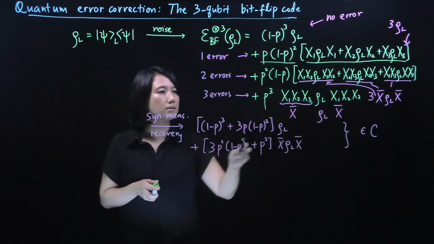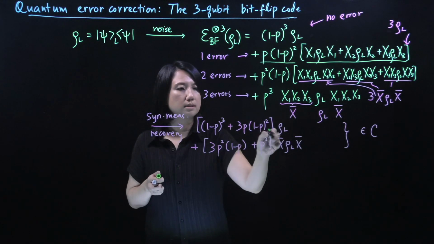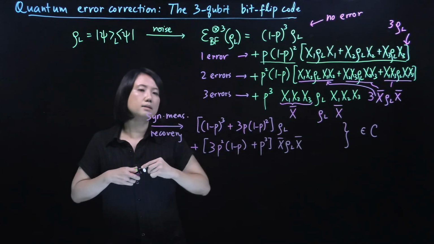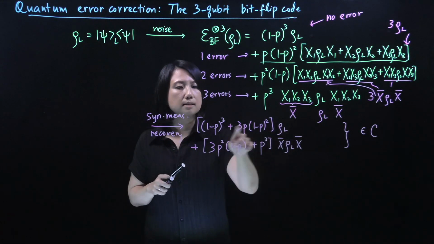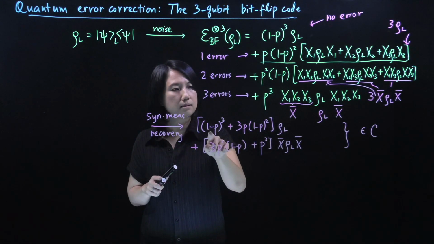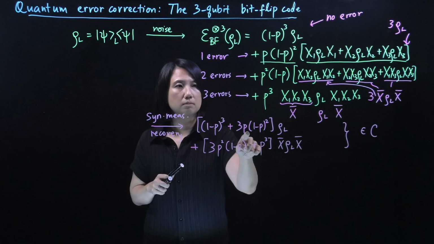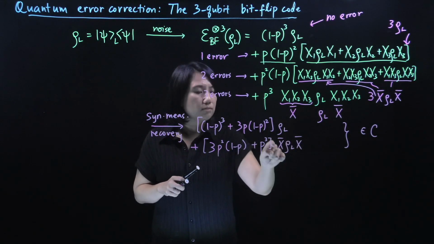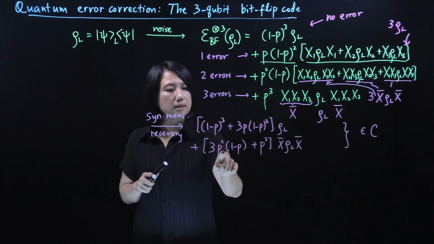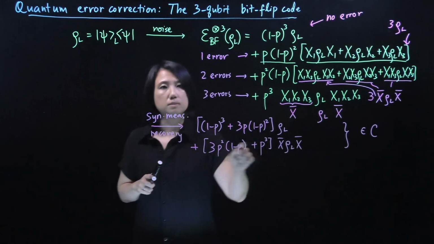Now these are fixed to not having errors anymore. So my final so-called perfect state occurs with an order 1 probability and then an order p probability. The situations that don't get fixed are now higher order in p. I have the p squared term and the p cubed term.